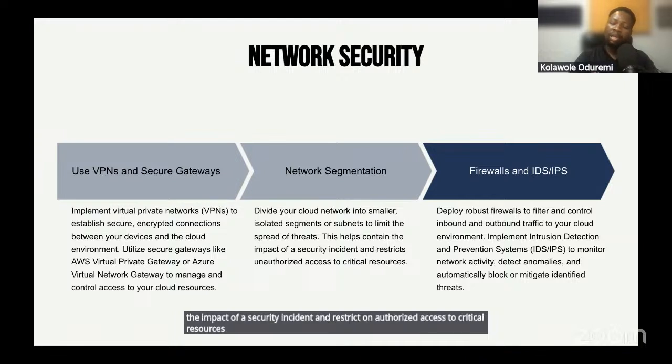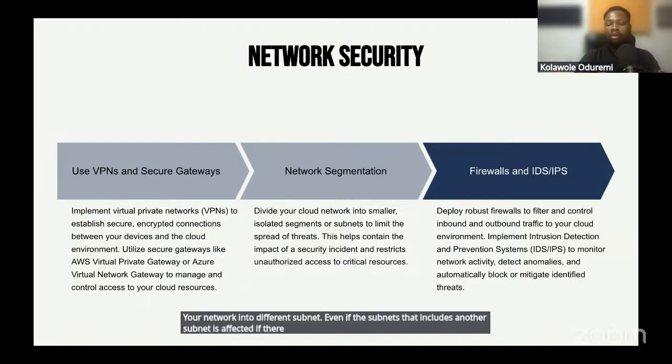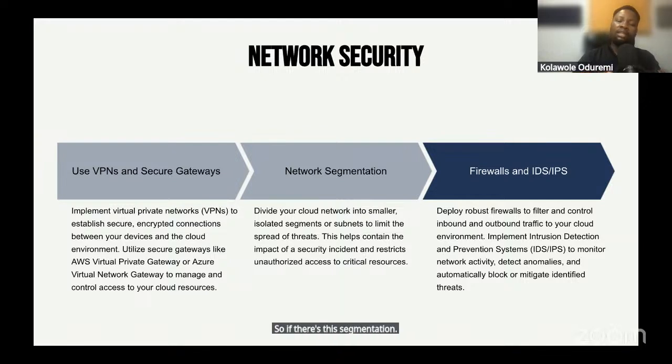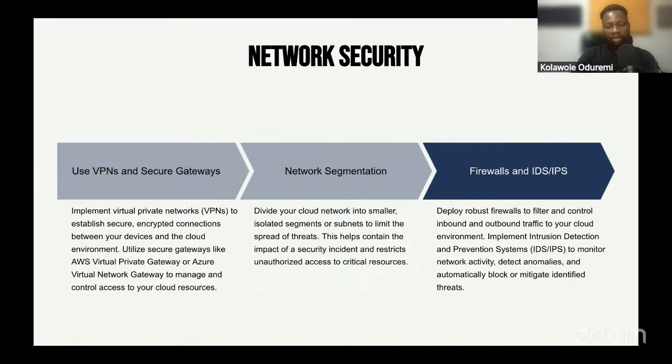So when you segment your network into different subnets, even if a subnet is affected, if there is proper segmentation, and this segmentation might be protected with firewalls or access control, it's going to prevent the other subnets from being affected by a subnet that's already affected.